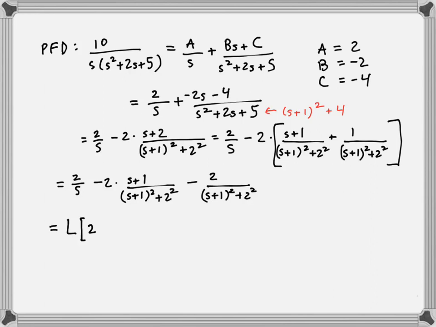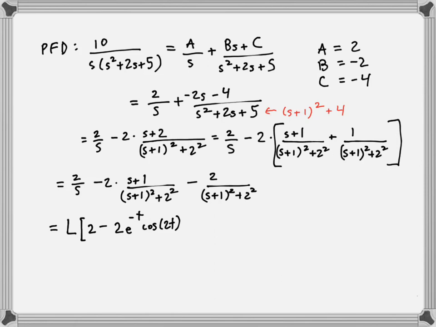Next, I have a minus 2, and now I'm going to apply the first shifting theorem, right? This has been shifted over by 1, so this is going to be e to the negative t. And then I know if I look at my formula table, this is going to be a cosine of 2t.